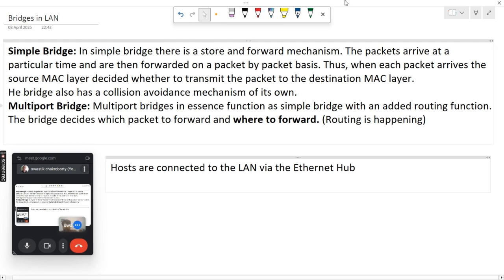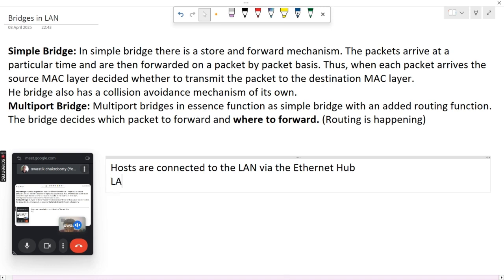And what is the purpose of the bridge? The bridge connects multiple LAN networks.